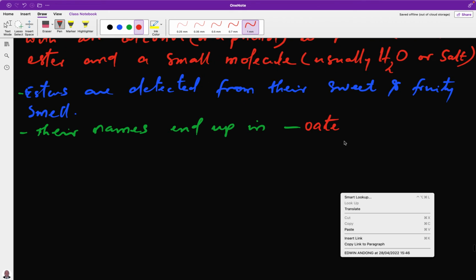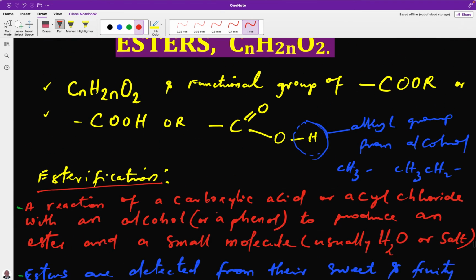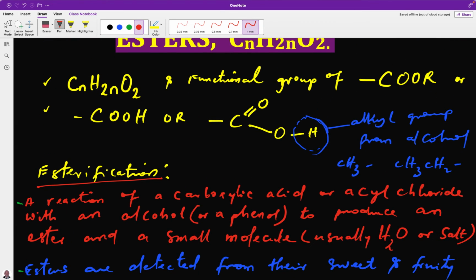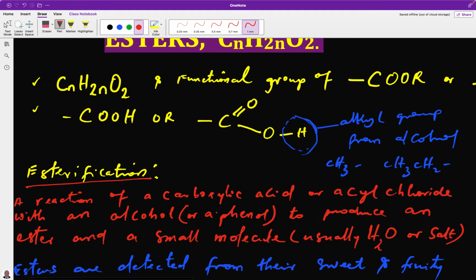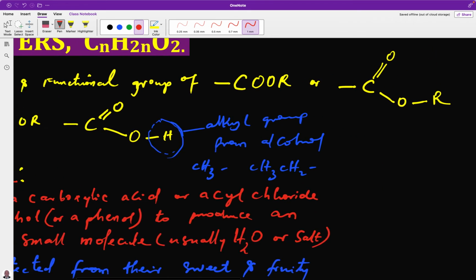Okay, as we just said, they have a general formula of CnH2nO2 and a functional group of COO.